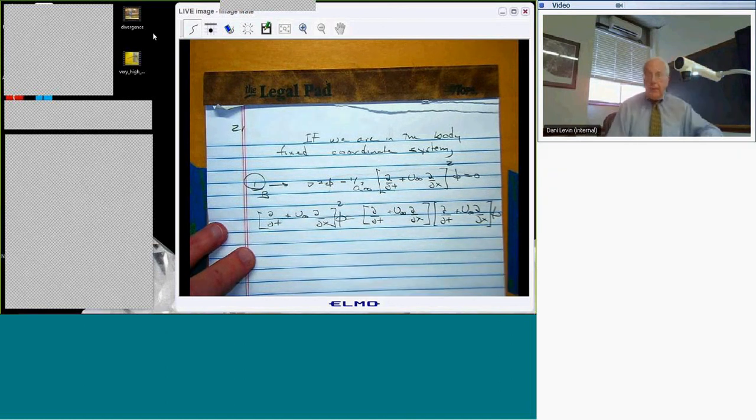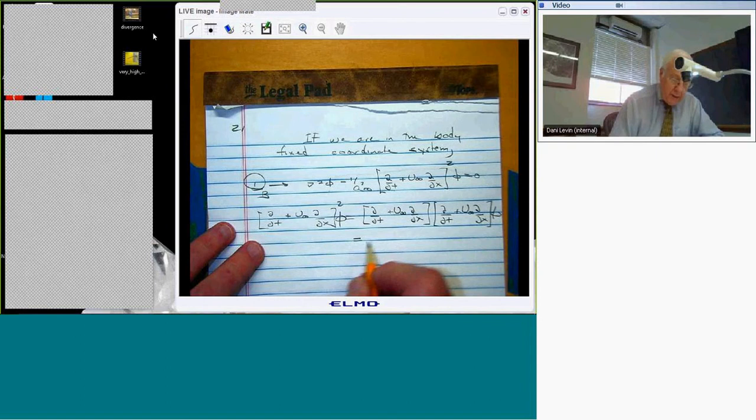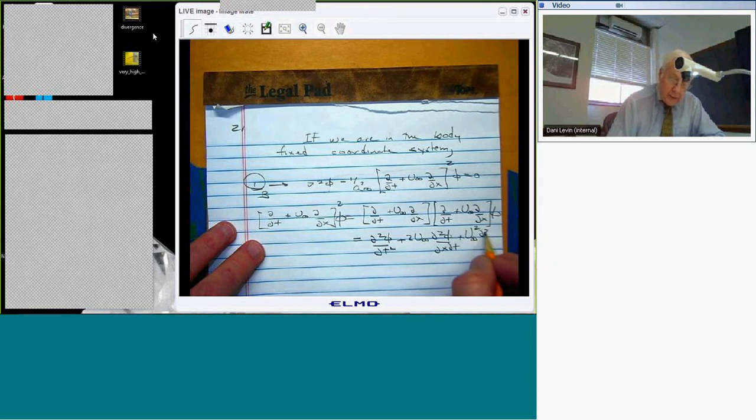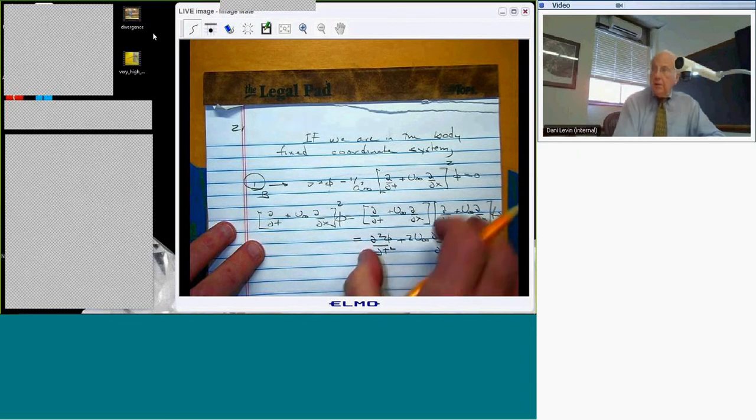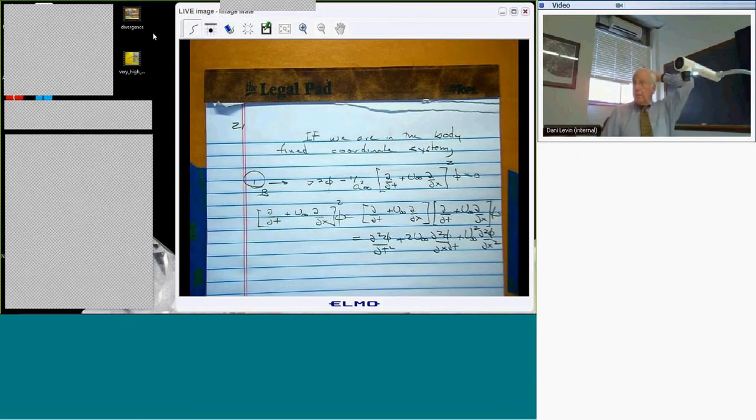If I work it out in detail, it's the second derivative of phi with respect to t, plus 2 u infinity, second derivative once with respect to t and once with respect to x, plus u infinity squared, second derivative with respect to x. This notation is just a compact way of saying that.